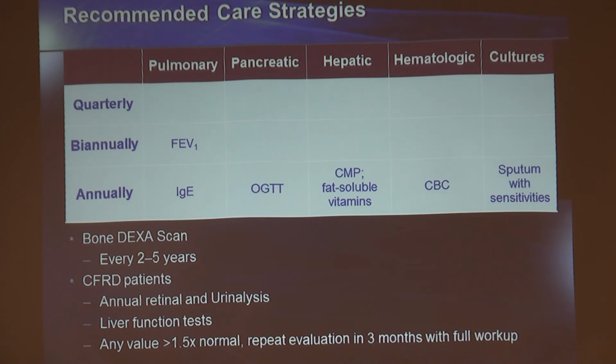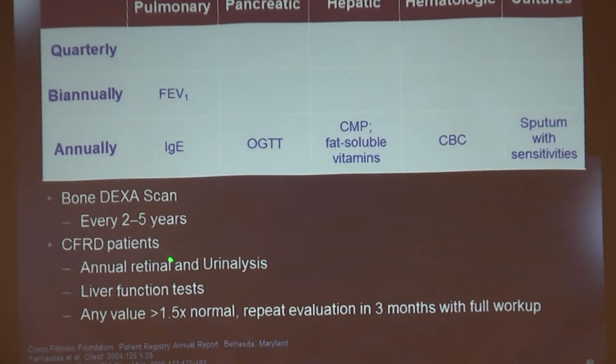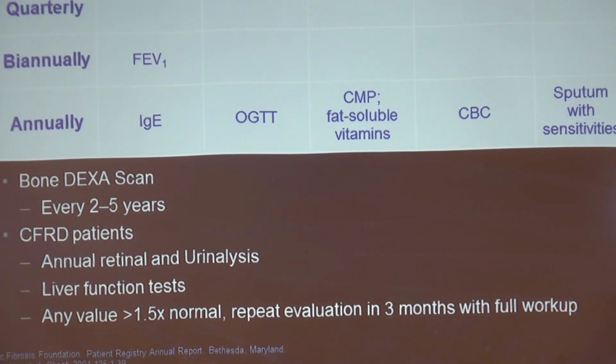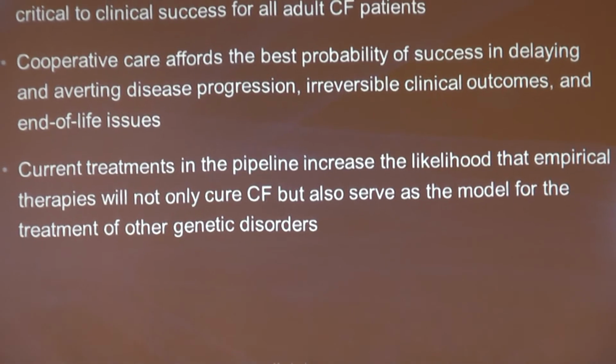But this is sort of the minimal standard that is expected, where visits are done quarterly, lung function is done at least twice a year, and certain screening tests, for example, allergic aspergillosis or diabetes or vitamin deficiencies, are looked for annually. In addition, the bone scans, looking at other aspects of potential complications of CF, picking up things early.